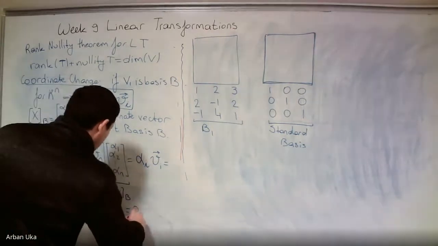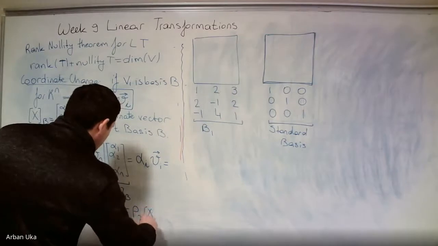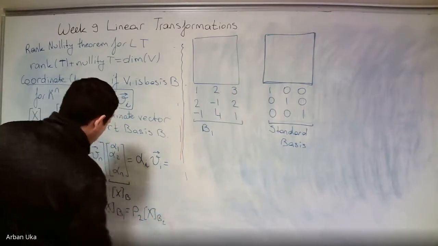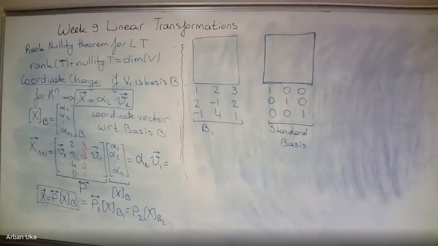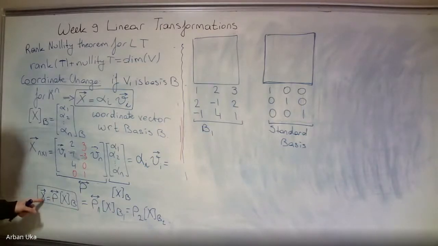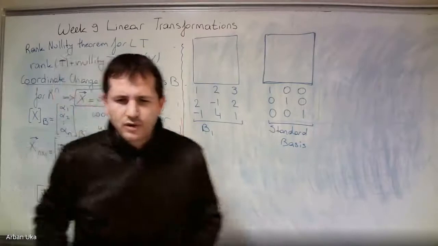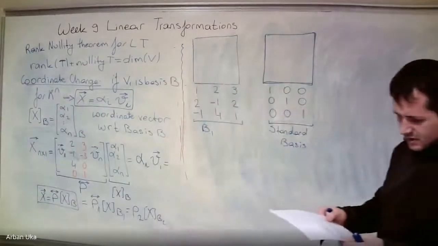Again, we can write here P2 times the projection of x onto B2 and so on. Now, but let's leave this one for a moment like this. In principle, we should know that this x here is according to the standard basis.